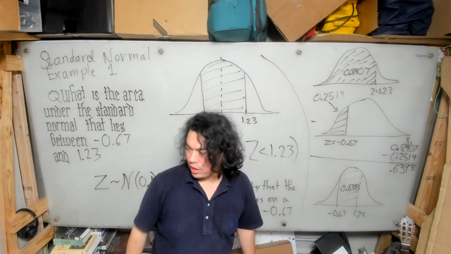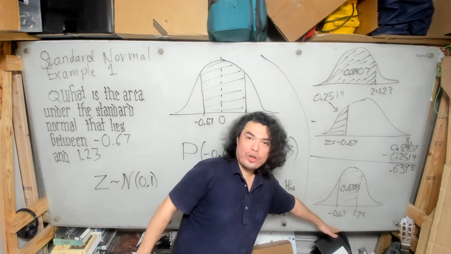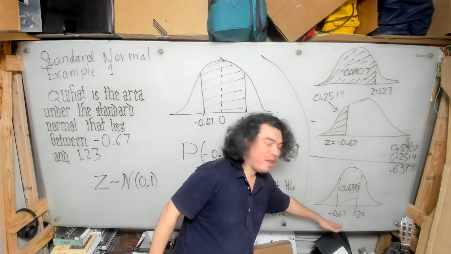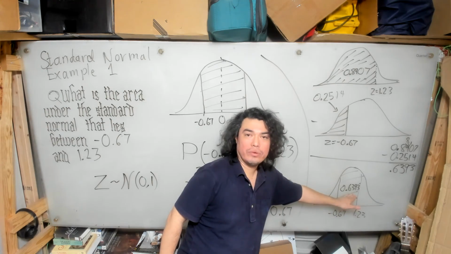And so finally, we're able to state the answer to this problem. The area underneath the standard normal curve from negative 0.67 to 1.23 is 0.6393.